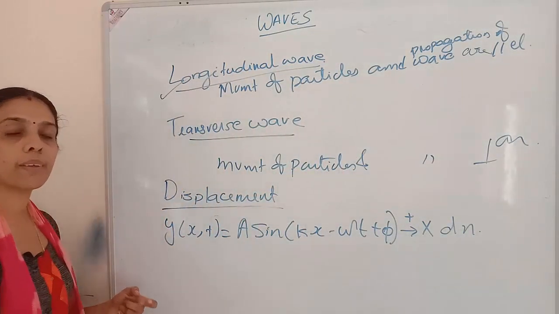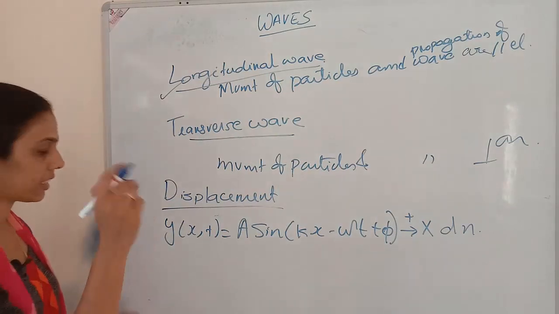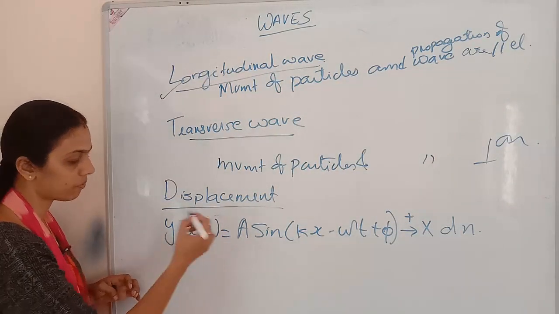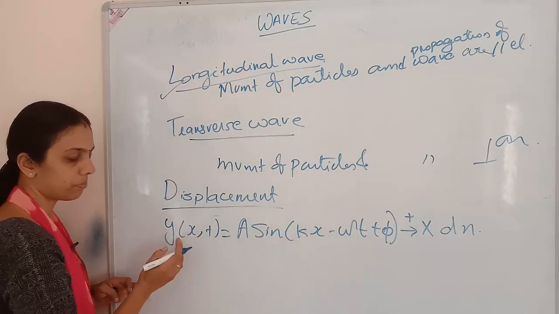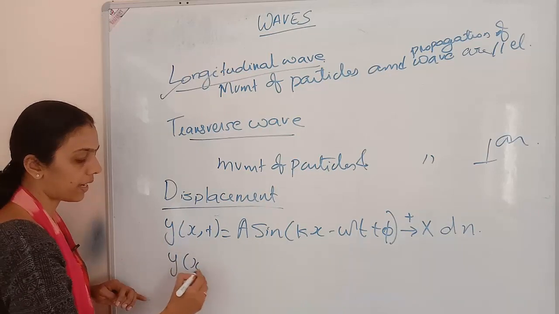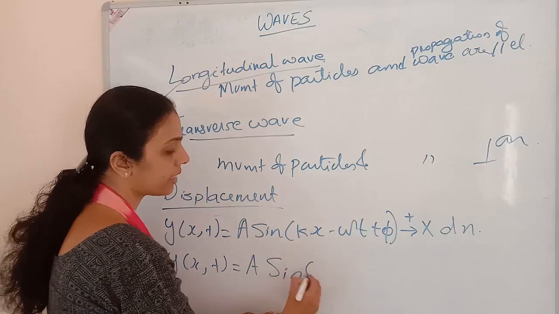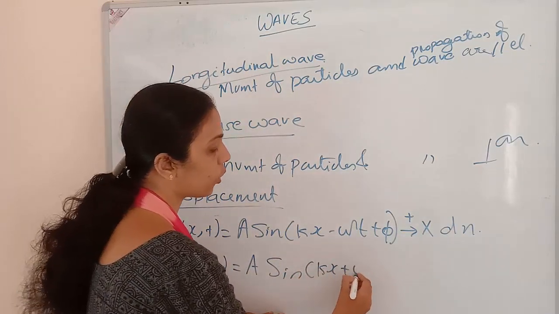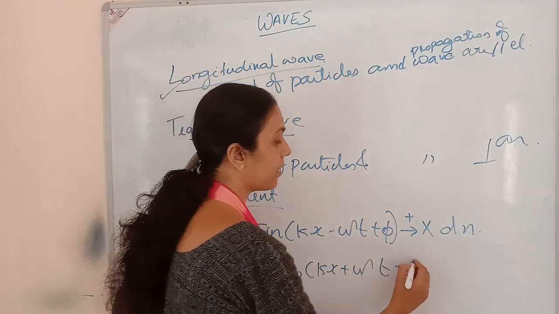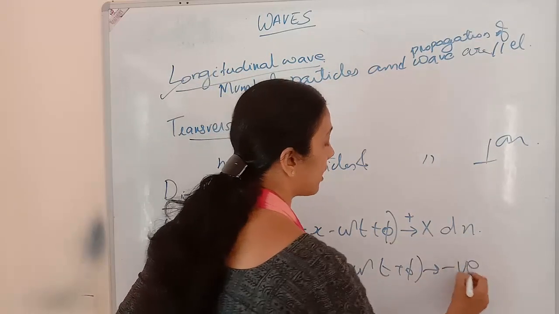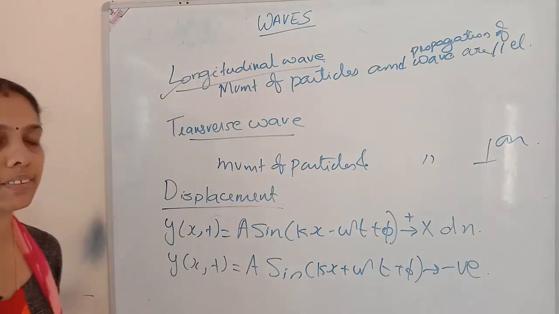If the wave was moving in the negative x direction, how can we represent the wave? y of x,t equals A sin (kx plus omega t plus phi). This is the representation for the negative direction.